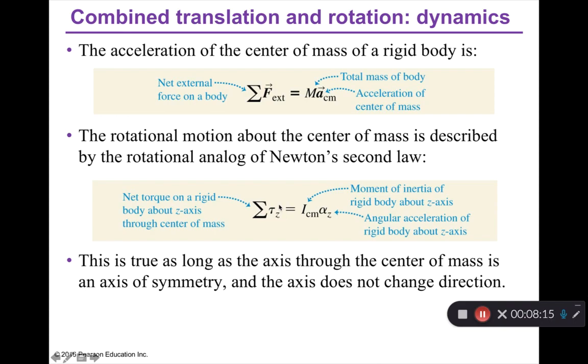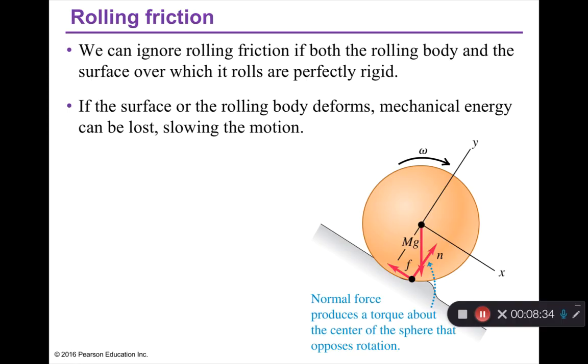The sum of all the torques, force times distance from the axis times the sine of the angle, will be the moment of inertia times the angular acceleration. When we do static equilibrium problems, we're going to have to use both of these. Those problems are fun.